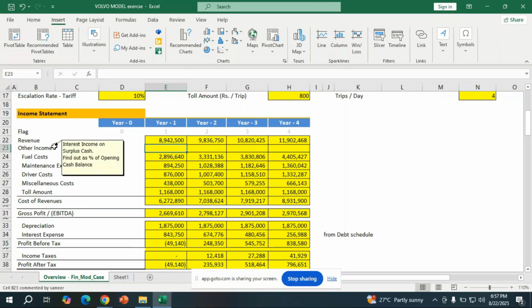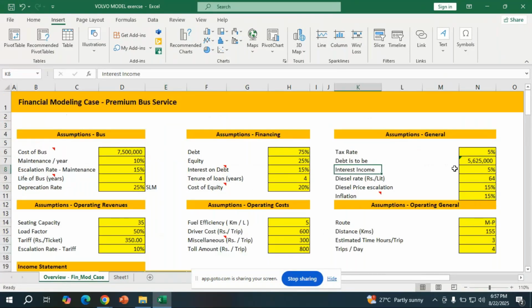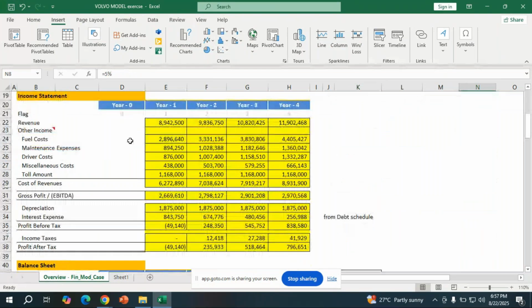This interest income on the surplus cash is a percentage of the cash balance. If you can see here, interest income is 5% of your cash. That is only this other income.